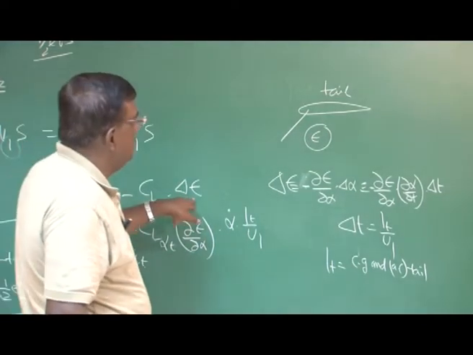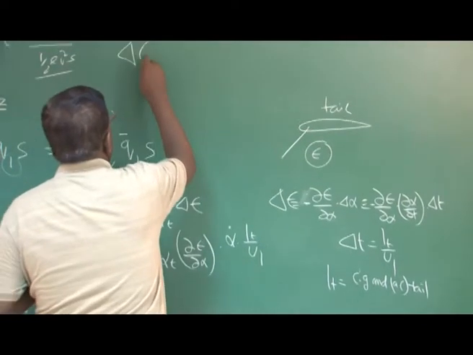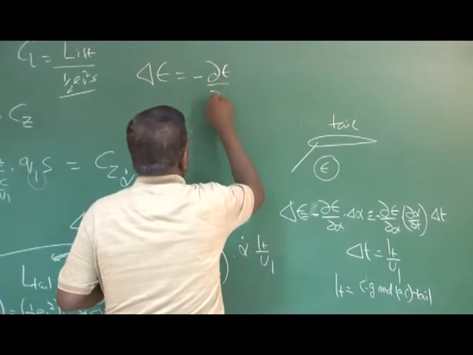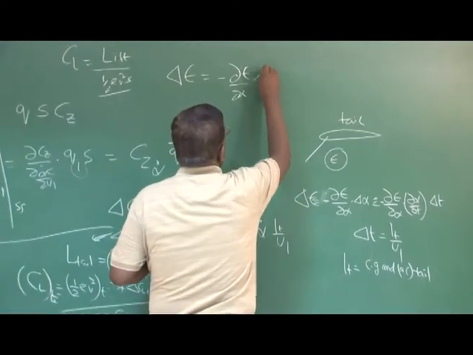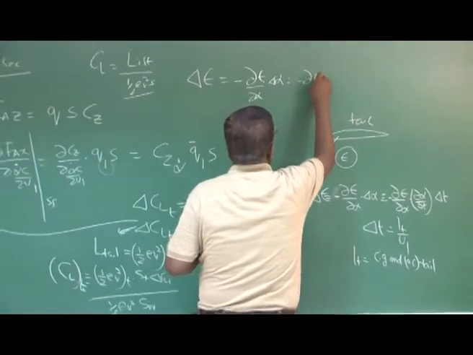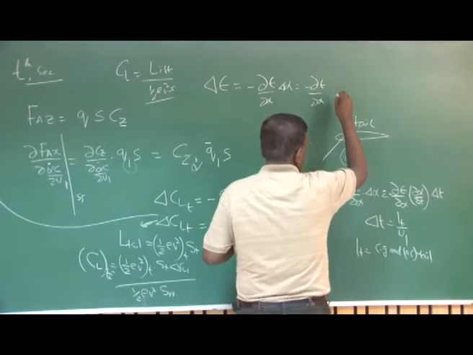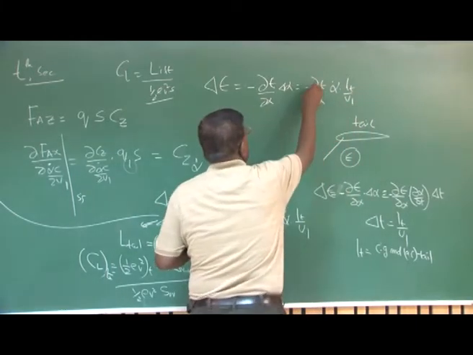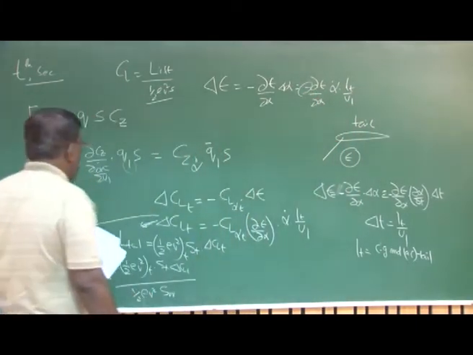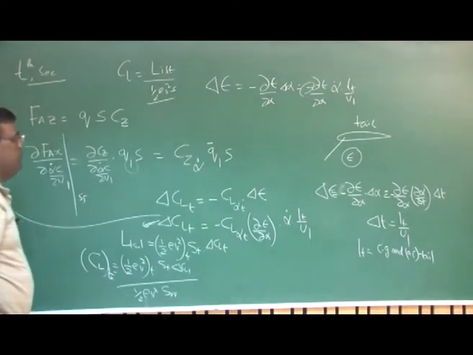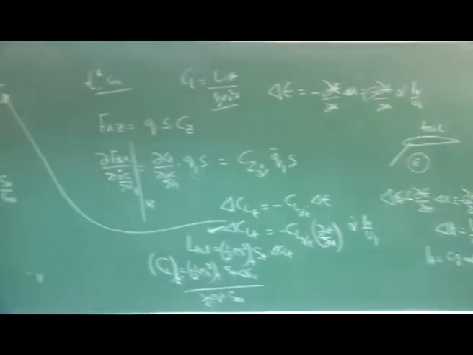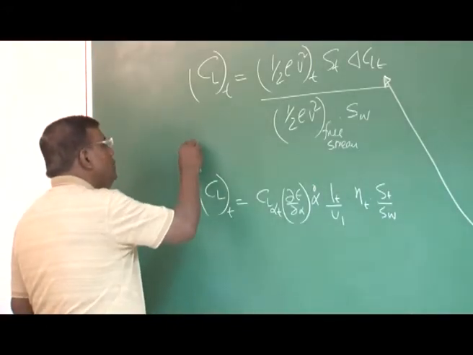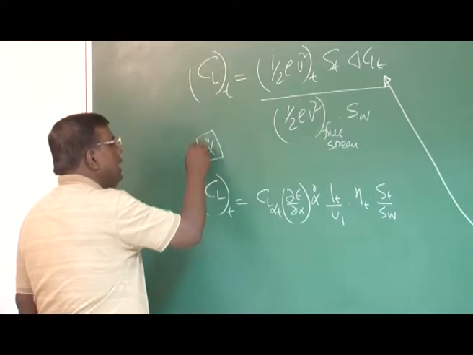This delta epsilon, as I showed earlier, is minus d epsilon by d alpha into delta alpha, which is minus d epsilon by d alpha into alpha dot into LT by U1, and this minus sign and this minus sign get cancelled, and you get an expression like this. Now please understand this CLT is due to alpha dot. That is very important.